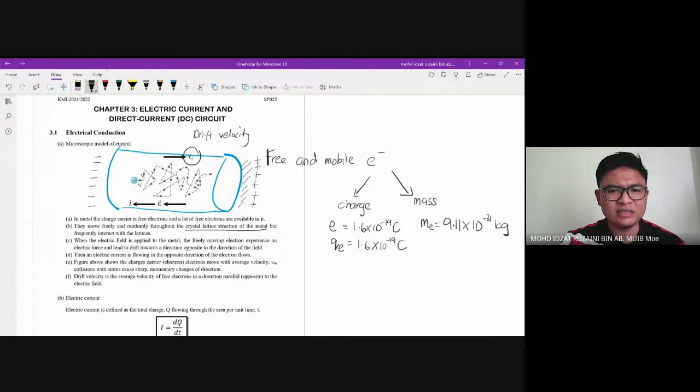Apa yang saya ceritakan sekarang ni ialah hanya sekadar ringkasan lah ataupun cara lain lah. Okay, so sekarang ini kita ada apa? Kita panggil sebagai drift velocity, iaitu drift velocity ini ialah average velocity of the free electron in a direction parallel to the electric field.